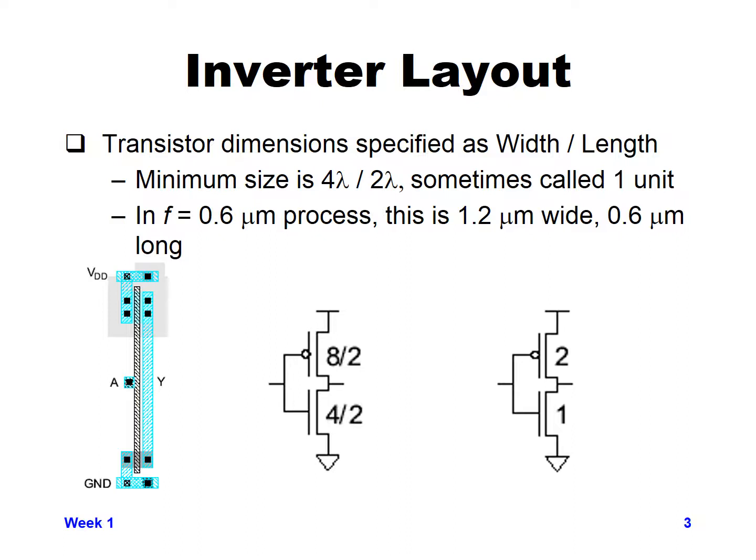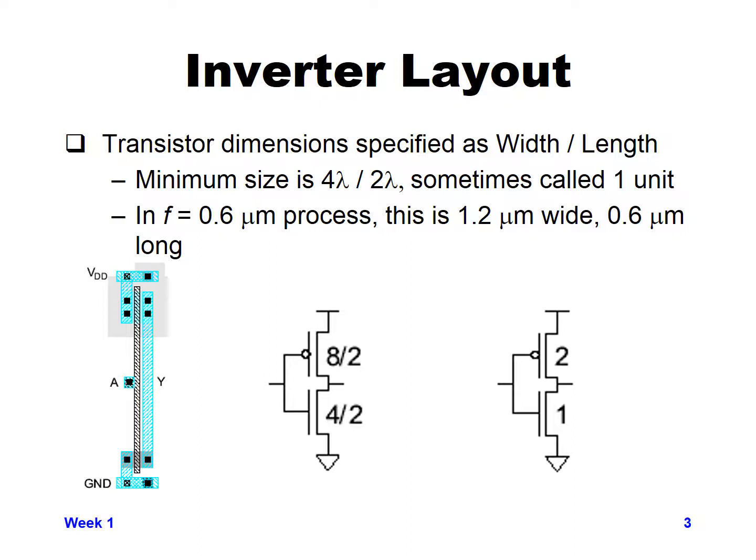It's showing a PMOS device that is 8 lambda wide, so twice as wide as the minimum that's allowed, and 2 lambda long, connected to an NMOS transistor that is the minimum size of 4 lambda wide by 2 lambda long. And that's showing width versus length of those transistors in that circuit diagram in terms of lambda.